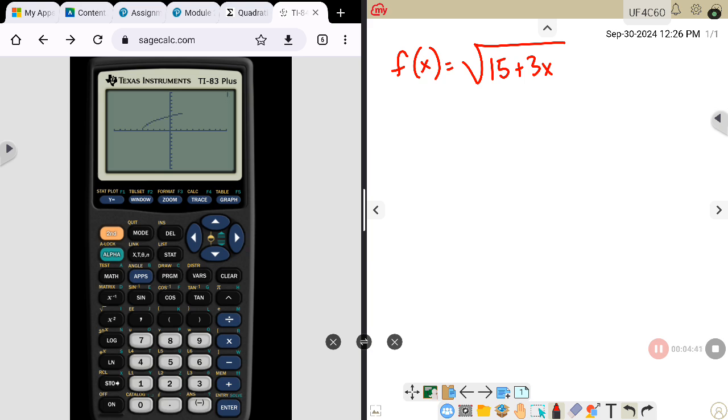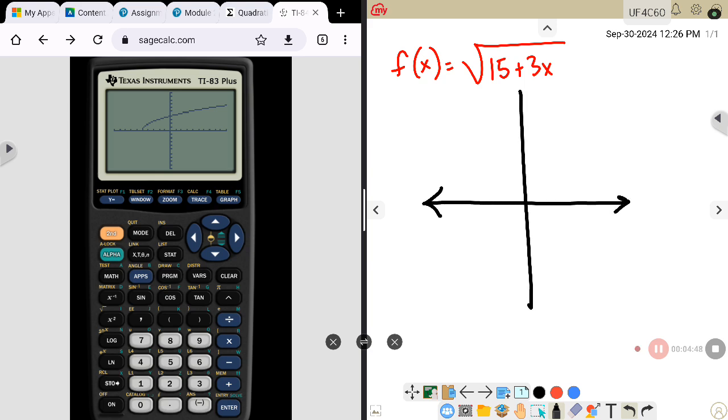So it's going to have that square root function, and you'll notice where it starts to the left, 3, 4, 5. So it starts here and then goes up and to the right.